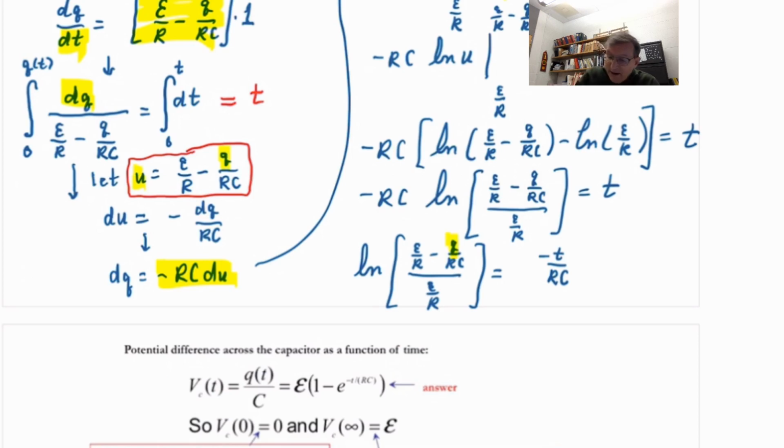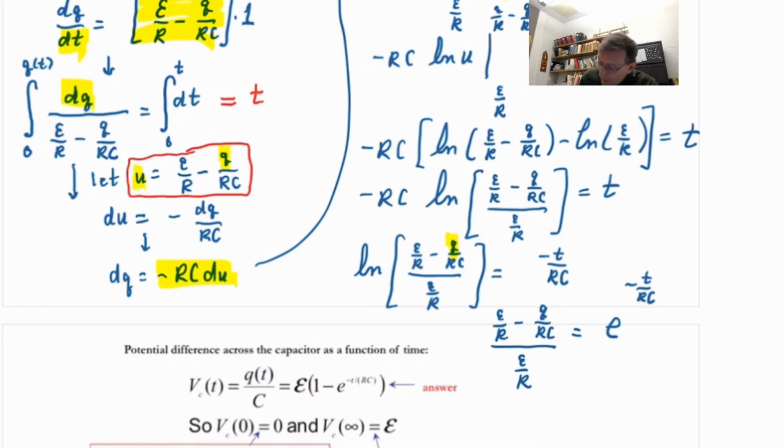So to get that, I've got to get rid of the logarithm. Well, the inverse of the logarithm is the exponential. So I take the exponential of both sides. And this left-hand side just becomes E over R minus Q over RC all over E over R. And now here on the right, I have e to the minus t over RC.